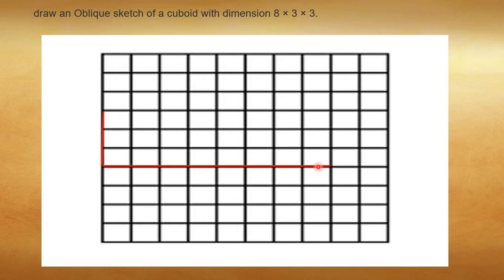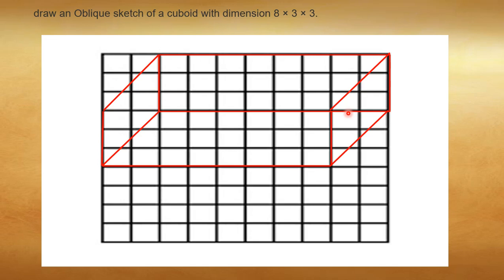Then 3 units we are taking here for the height. Similarly 3 units for its breadth, 3 units for height, 3 units for breadth. So this one face is drawn here. Similarly we can draw the other face like this. So this is the oblique sketch of a 3-dimensional object cuboid of given measurement.